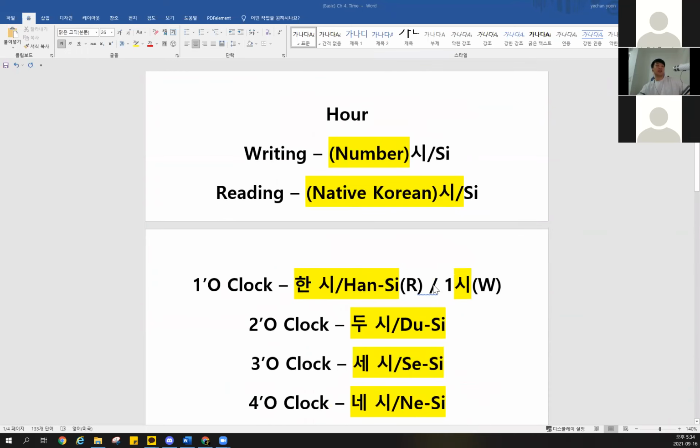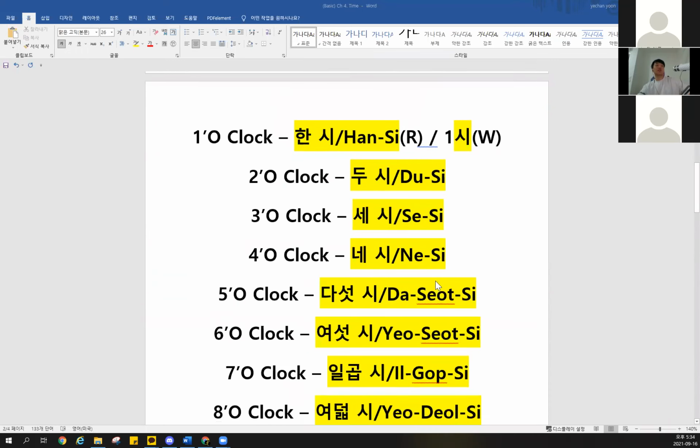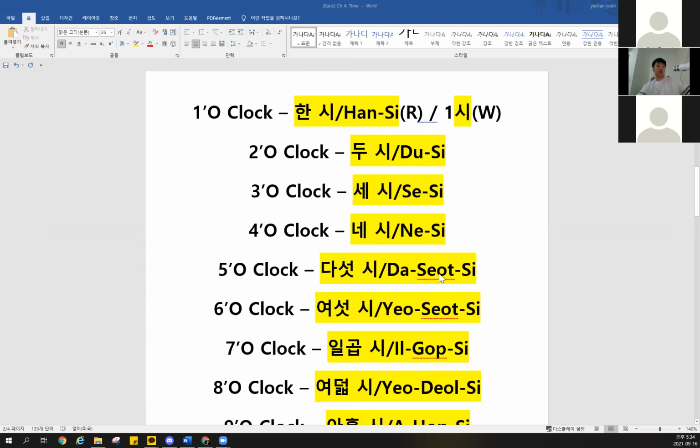Next, let's go to how you can read the hour. We have 1 to 12 hours, right? For 1 o'clock, how can you say? 하나시? As I told you, with the changing form it is 한. So 한시. How about the writing? Just a number and 시.